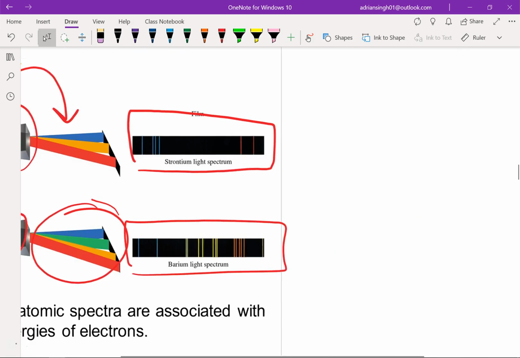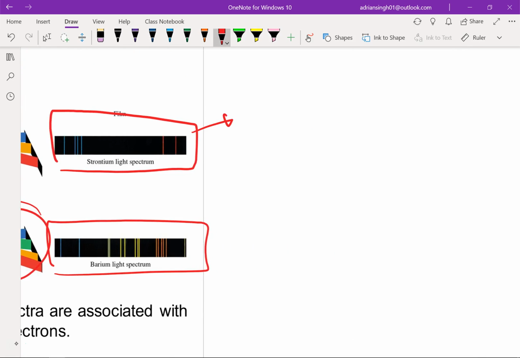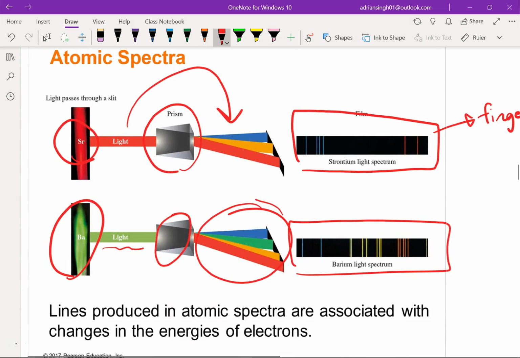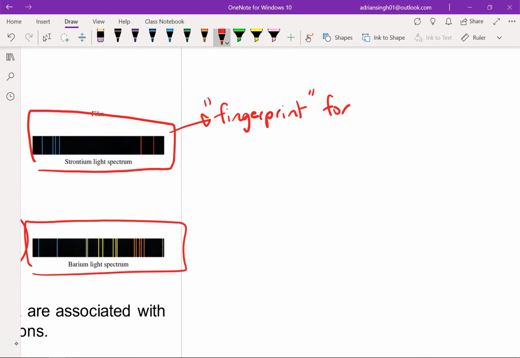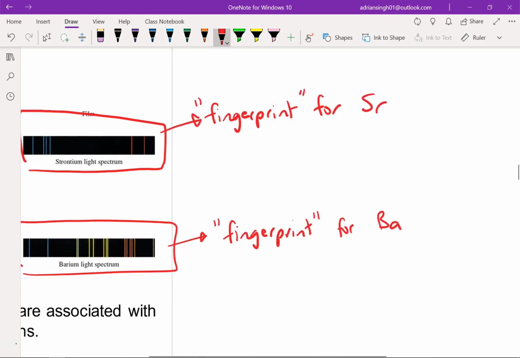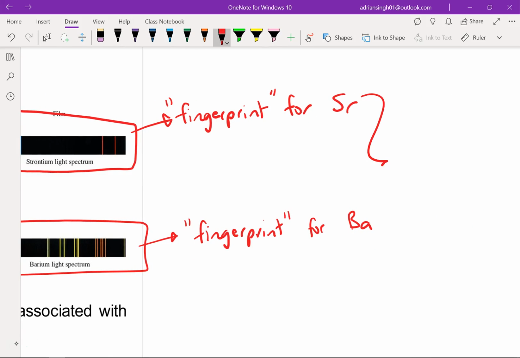All right, so these individual colors that we see, you can think of these as being fingerprints for each of those elements. So the one on top there would be the fingerprint for strontium, and the one underneath would be the fingerprint for barium. And just like your fingerprints, right, no two elements are going to have the same fingerprint, so we can actually use them to identify the elements.